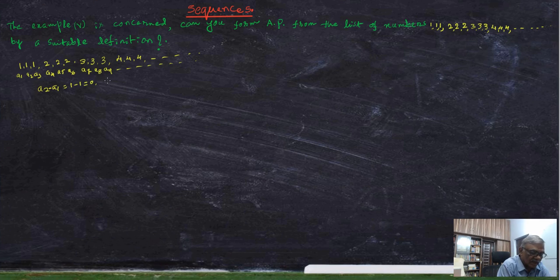And A4 minus A3, that is 2 minus 1, is 1. So there is no fixed number, that is, there is no common difference.